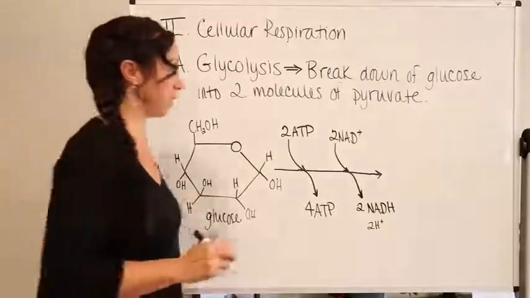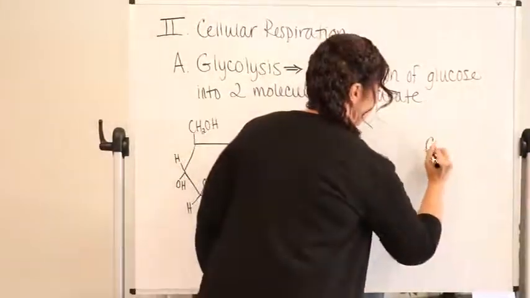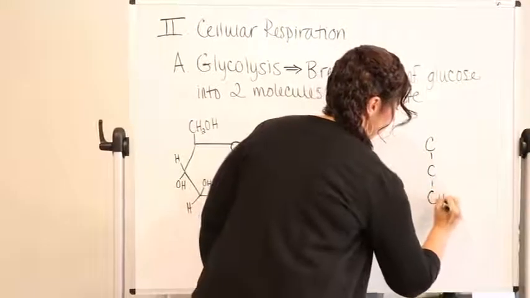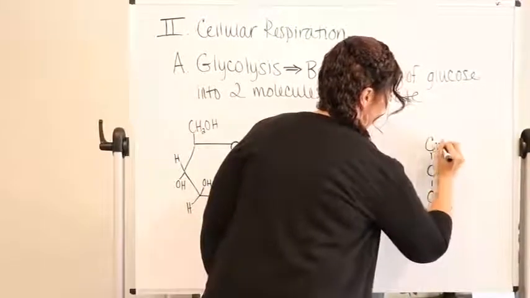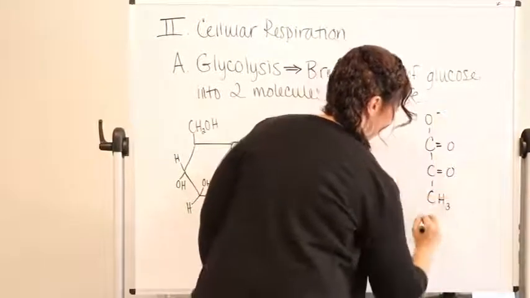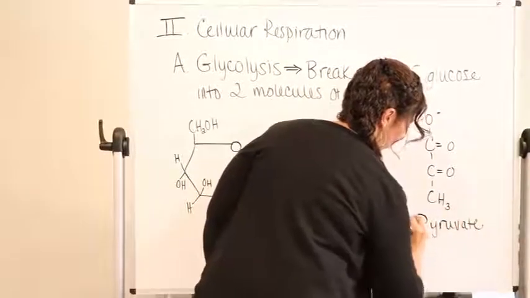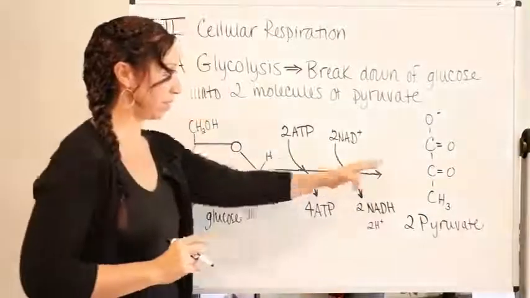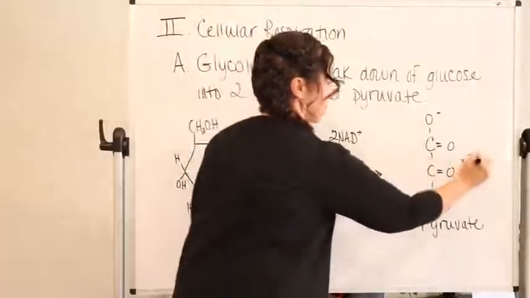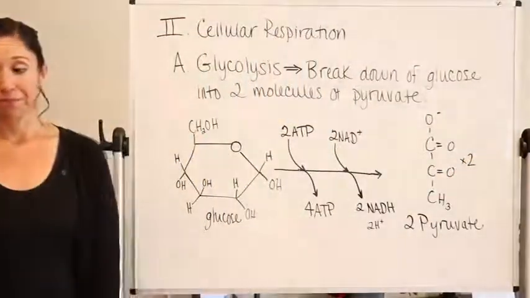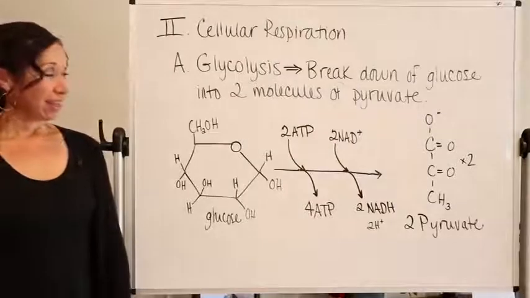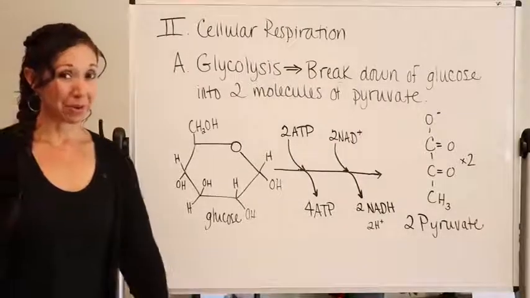So here's what pyruvate looks like. It's going to be CCCH3. This is pyruvate, and you're going to get 2 of these. So basically this times 2. That's the basic summary of glycolysis.